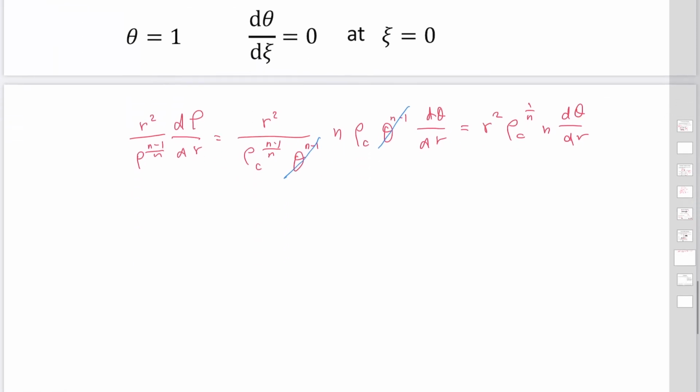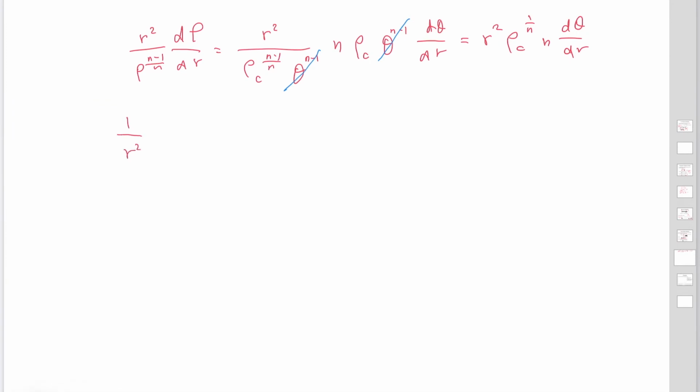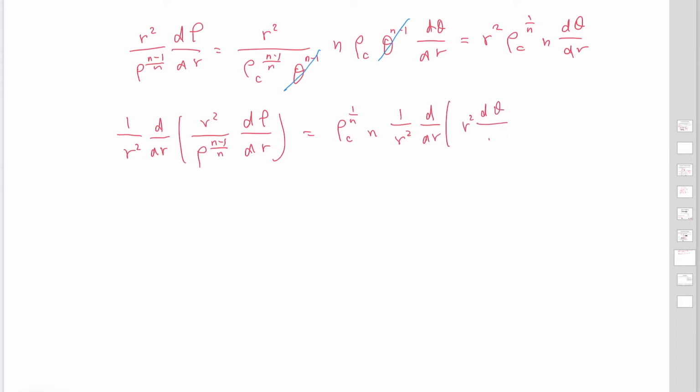Then we can go back to the equation. 1 over r squared d dr of r squared rho to the n minus 1 over n d rho dr is expressed as rho sub c to the 1 over n, n, 1 over r squared d dr r squared d theta dr.